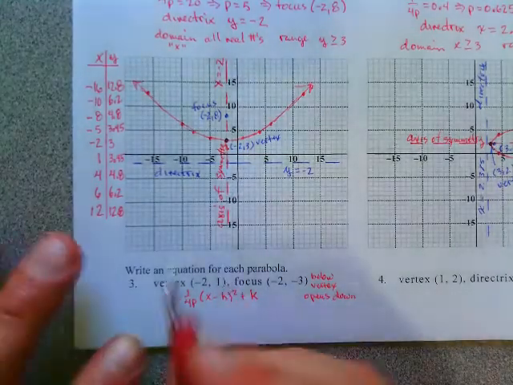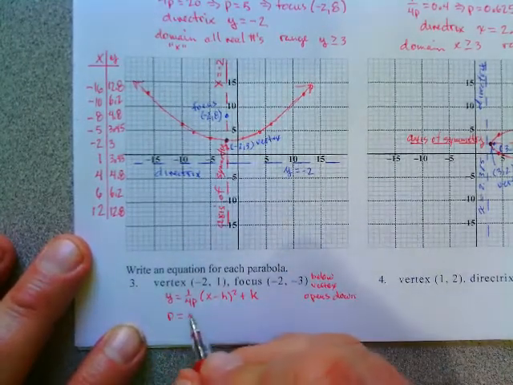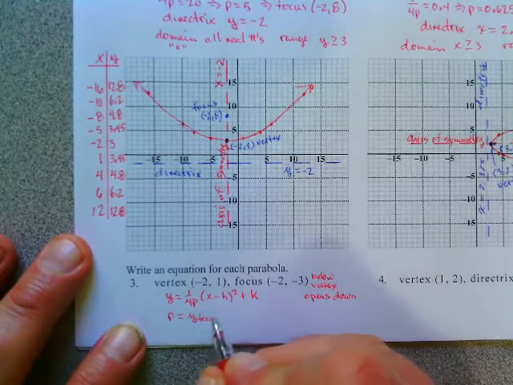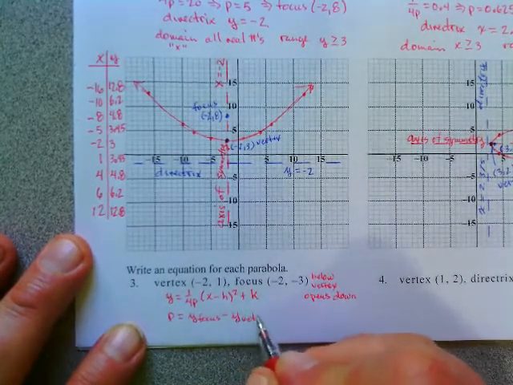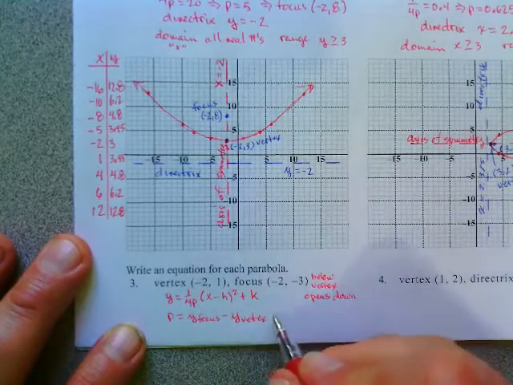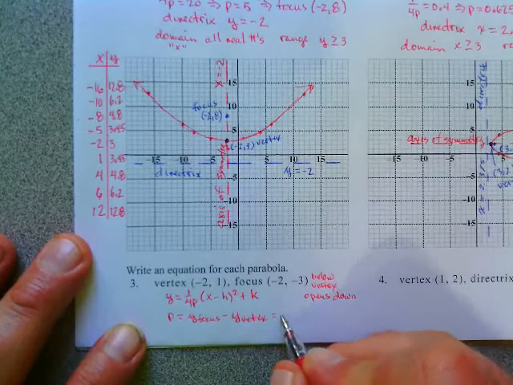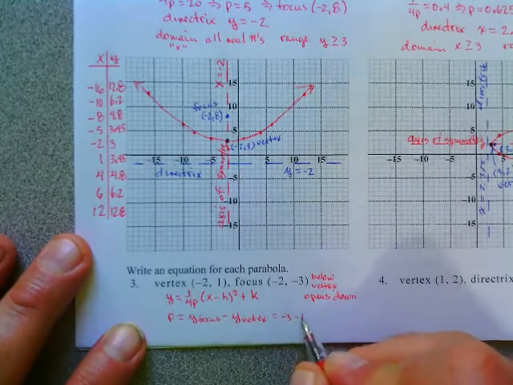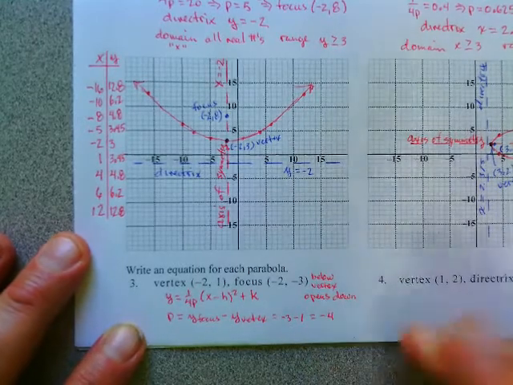Okay, now p is the y of the focus, subtract the y of the vertex, which in this case we've got negative 3 subtract a 1, which equals negative 4.